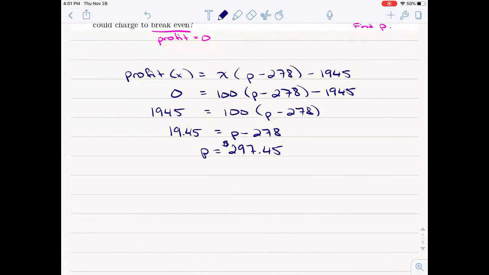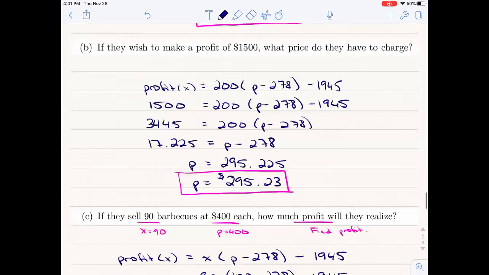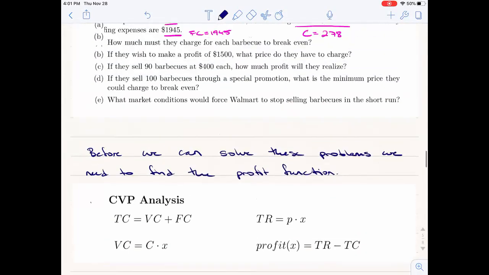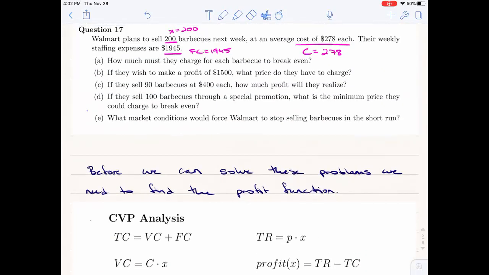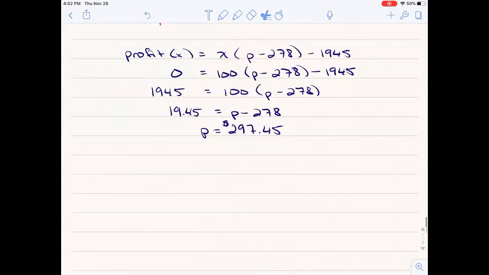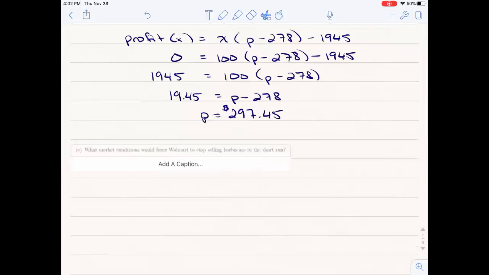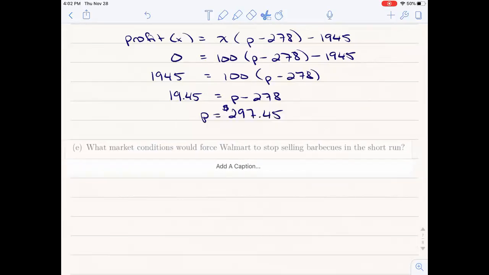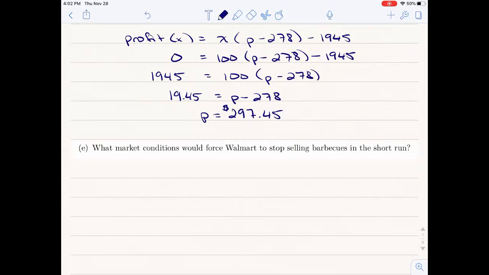Okay. Part E. What market conditions would force Walmart to stop selling barbecues in the short run? Right?